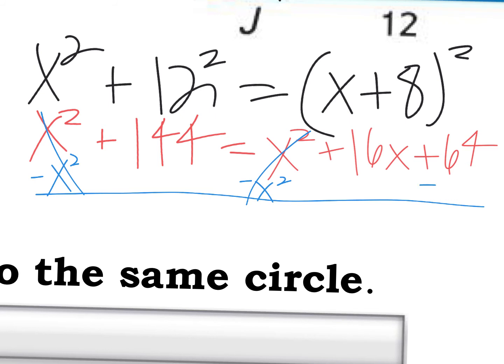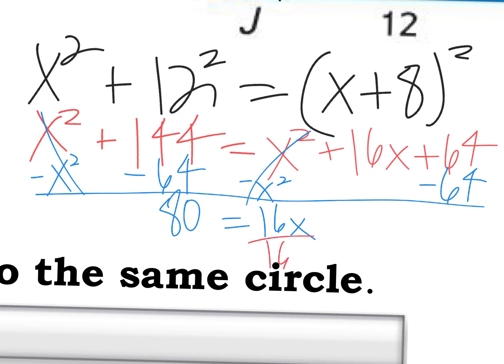So I see this 64, I can just minus that over here, and 144 minus 64 is going to be 80, and so I have 80 equal to 16x, and so I just need to divide by 16, and 80 divided by 16 is going to be 5.